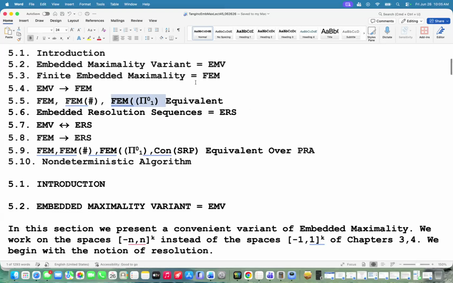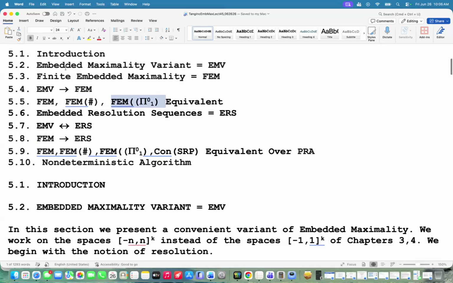Let's see, back to here, the EMV. I think I show up here that EMV is equivalent to the IEU, identity extended usability. I didn't quite say this; the title doesn't carry exactly what's in there.